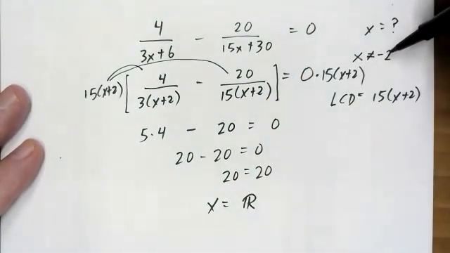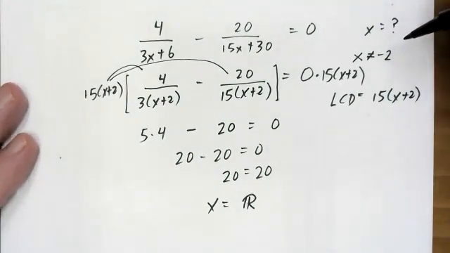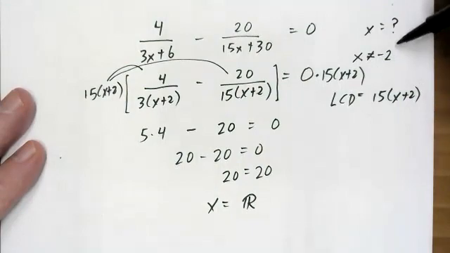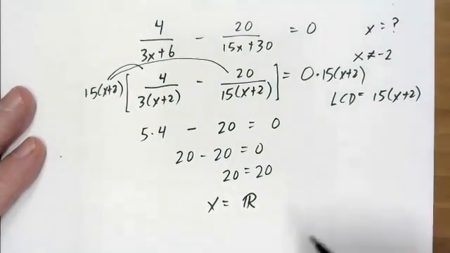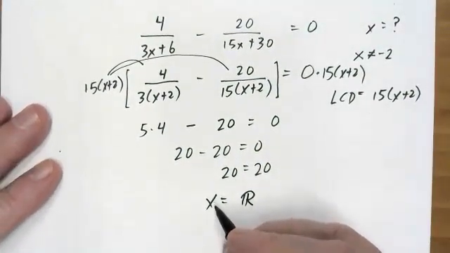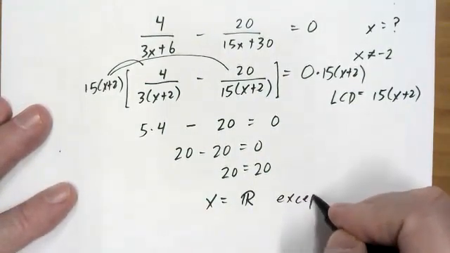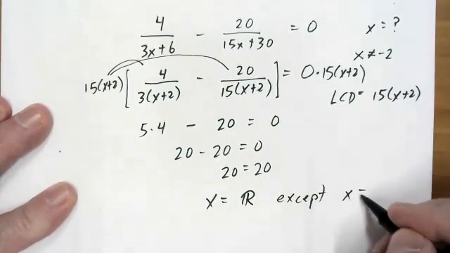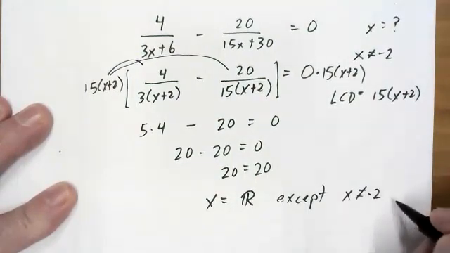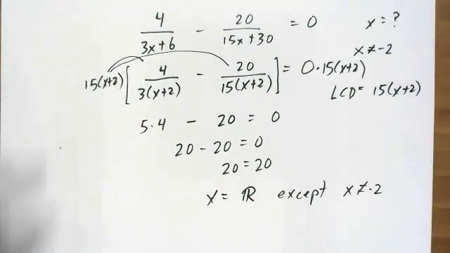But up here at the start, I said, well, -2 can't be a solution. Remember what I said? This wins out. So actually the solution should be all real numbers except x still cannot be -2.